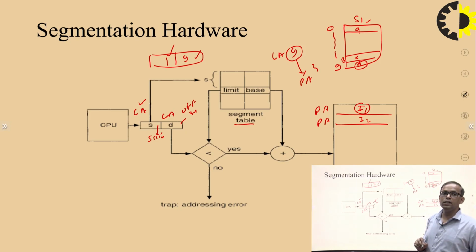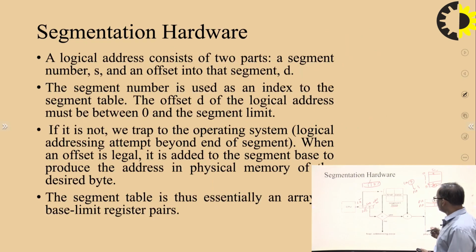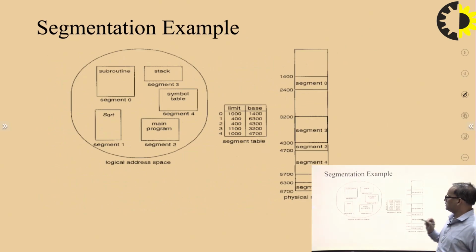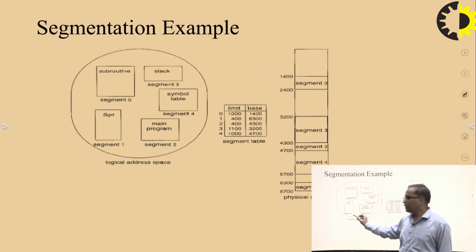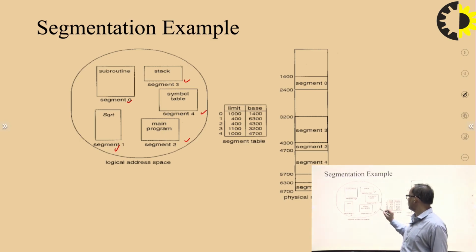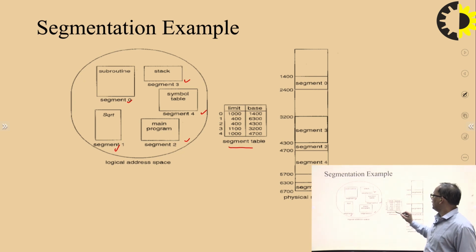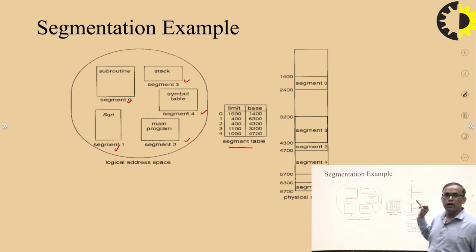What does the segment table contain? It contains the starting and ending address of a particular segment where it is stored in main memory. See this, this is our segment 1, segment 0, segment 3, segment 4, segment 2. This is the segment table, this is the complete program, and this is our physical memory.